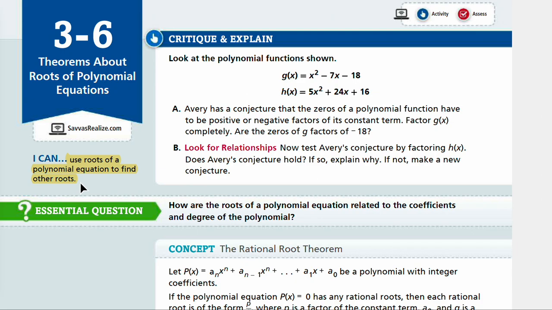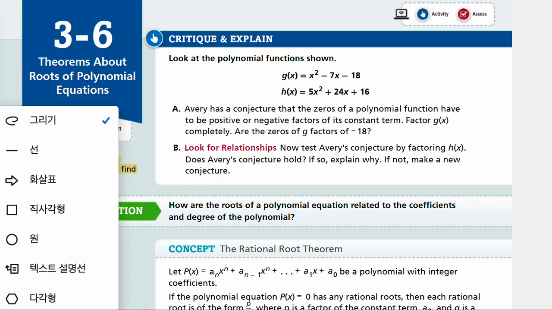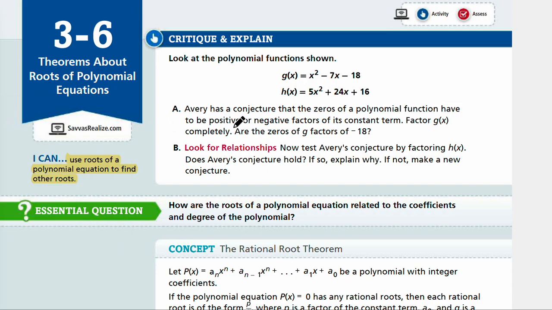Factor g of x completely. Are the zeros of g factors of negative 18? So first of all, let's factor g of x completely. Think about the factors of negative 18.